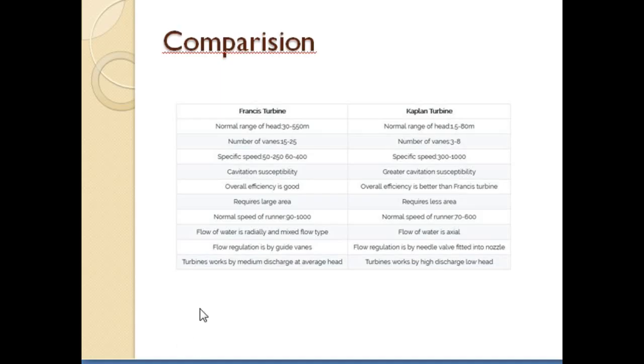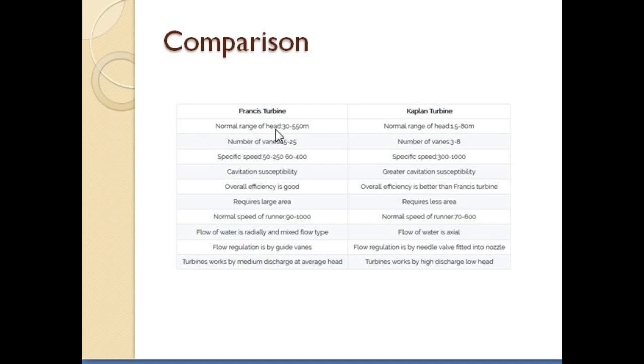Now we will discuss the comparison between the Francis turbine and the Kaplan turbine. Francis turbine is a mixed flow turbine. Kaplan turbine is an axial flow turbine.